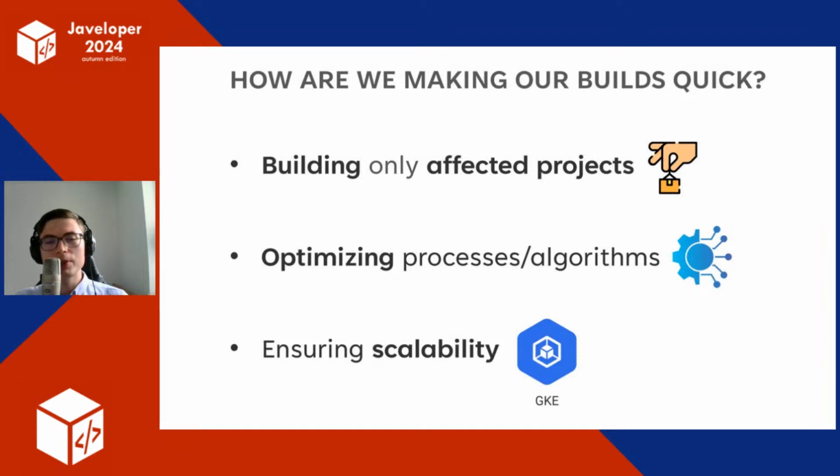Of course, you will have to keep your processes and algorithms optimized and ensure scalability. So here in our case, we are doing this by running our builds in Kubernetes cluster on GKE.